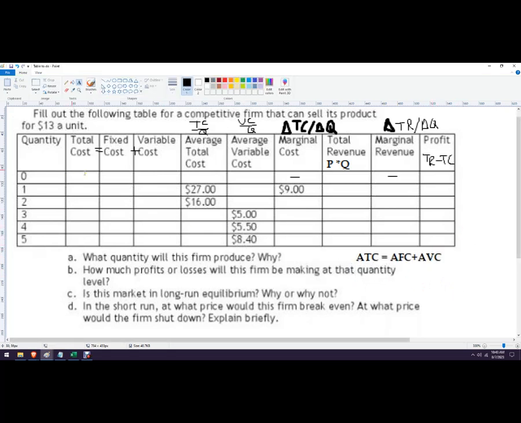All right, so we already can fill in some of this. So total revenue is price times quantity. If we sold 0 units times 13, it would be 0. 1 unit times 13 is 13. 2 units is 26. 3 units is 39. 4 units is 52.